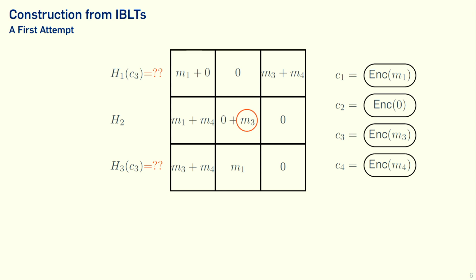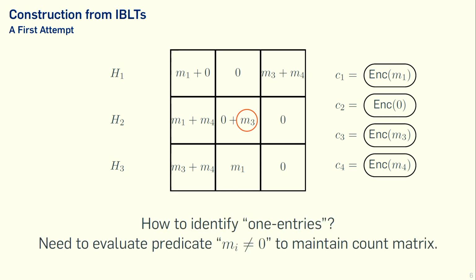The problem is that to know where we need to remove it, we need to put the correct thing back into the hash functions, but the hash functions took the ciphertext C3 as input, and we no longer have C3 because we did this homomorphic computation, so this ciphertext is gone now. There's an additional problem, which I hid by not showing you that we also need to compute a count matrix.